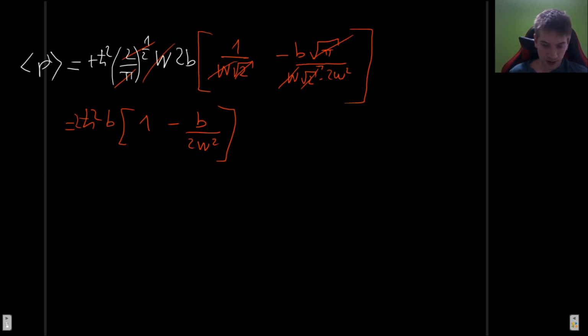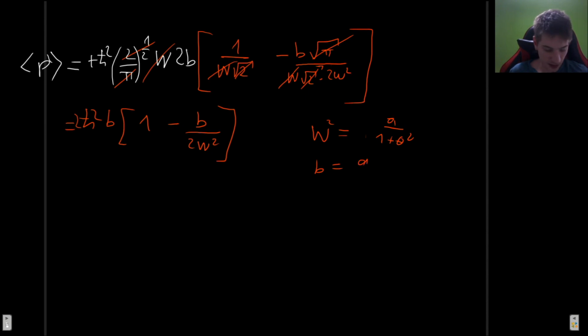If we just recall that w, is that the best way to go about it? Let me take a look. W, this was square root of a divided by 1 plus theta squared. So w squared is this thing without this root. And b was, wait a minute.